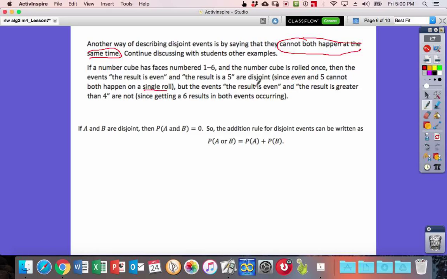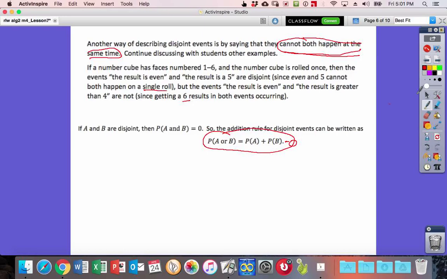But the events the results even and the results greater than 4 are not disjoint because you could get a 6 and both events occurred. So that they cannot happen at the same time is important. Normally when we have the probability of A or B, when they're mutually exclusive, it's the probability of A plus the probability of B. There's nothing to subtract, so you just add those two.